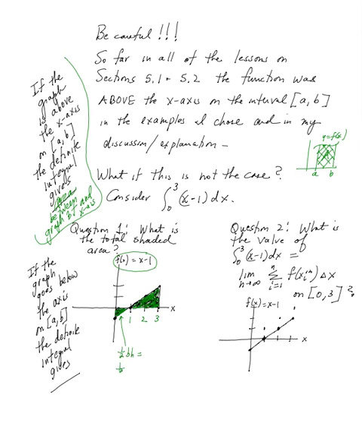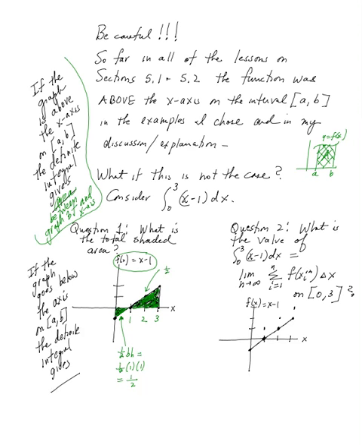The base here is 1. The height is 1. So the area of this first triangle is 1/2 square unit. And we could just see that that's 1/2 of one of these 1 by 1 squares, right? So that's correct.